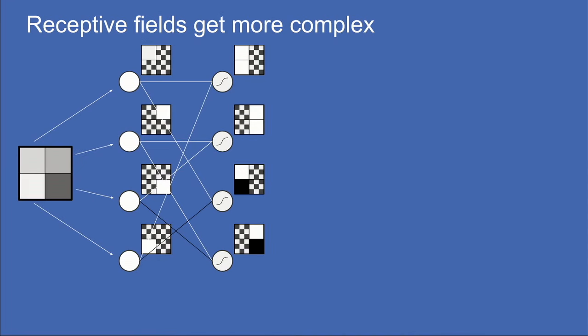If we look at that layer of neurons and look at the one on the bottom, we can see that it takes its inputs from both of the pixels on the right. But it has a negative weight connecting it to the lower right neuron. So its receptive field, what maximally activates it, is a white pixel in the upper right and a black pixel in the lower right.